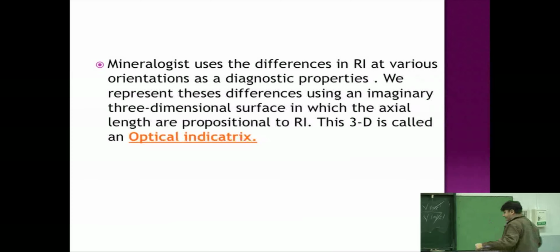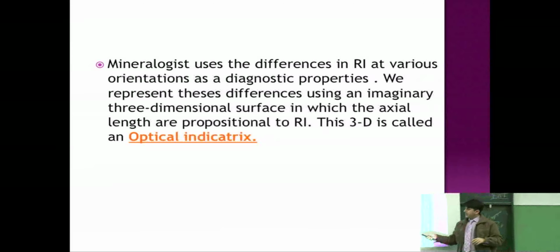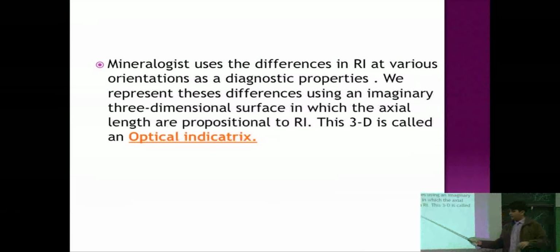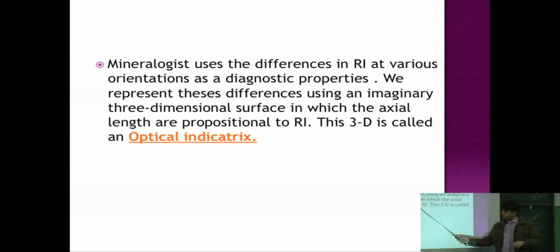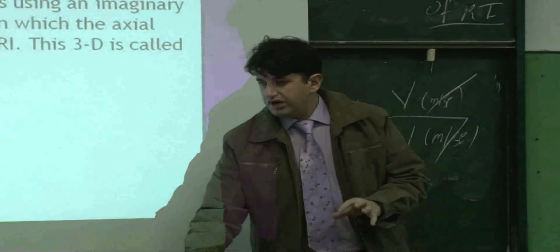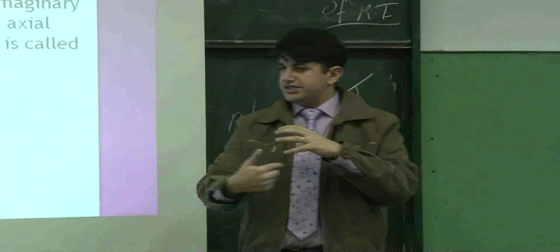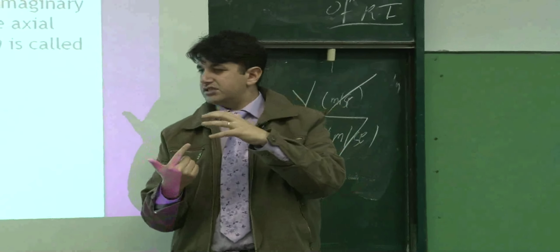We have a term, we name it optical indicatrix. What is it? It's the three-dimensional shape of the refractive index. Because you know a crystal has three dimensions, so there's a three-dimensional refractive index.